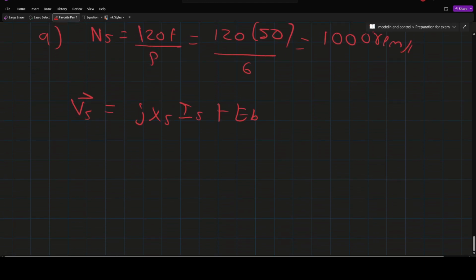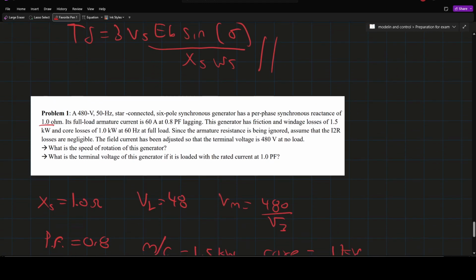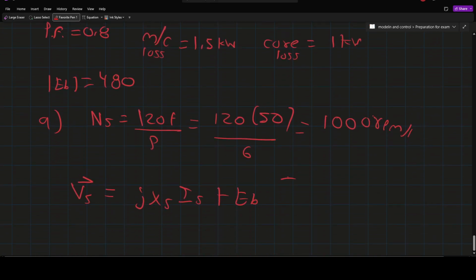So here we have an XS of 1, and IS is 60.